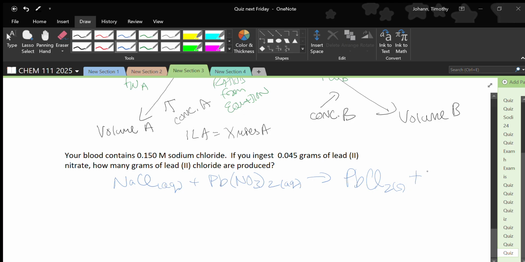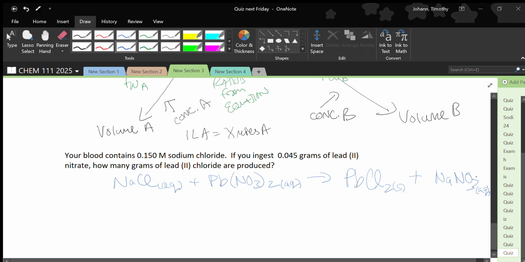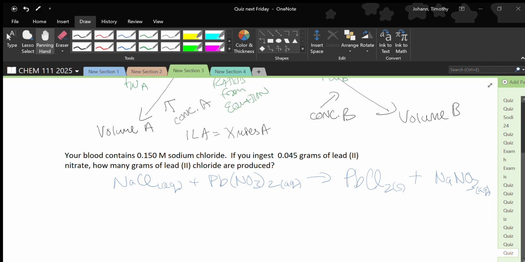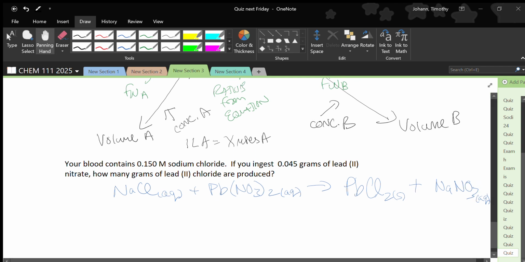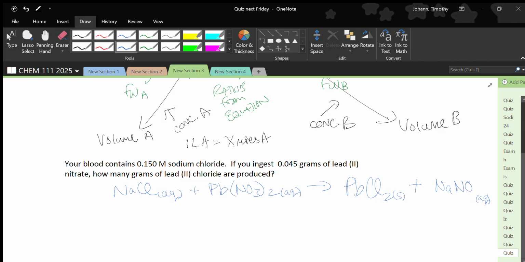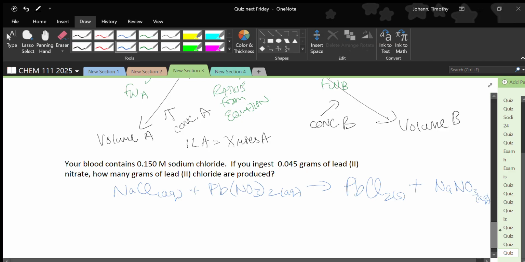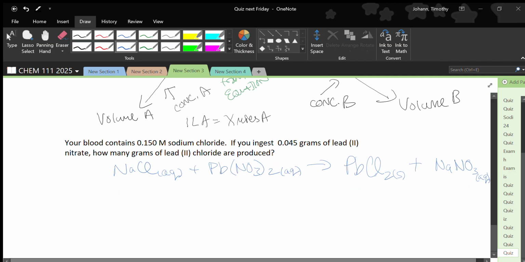We'll talk about solubilities later. And then we're going to make sodium nitrate, which is also aqueous. Let me fix my nitrate. Okay, so sodium nitrate like that.